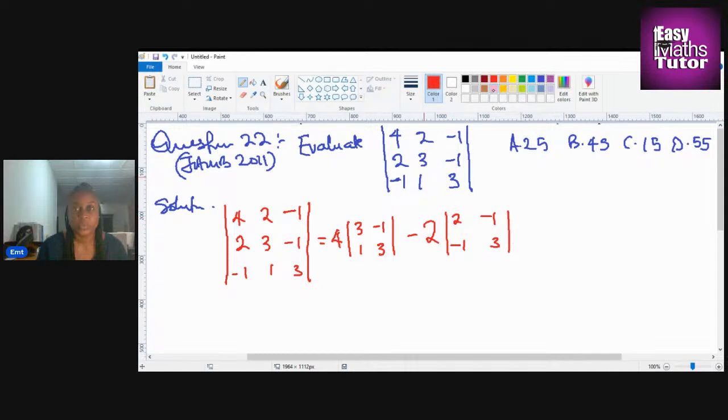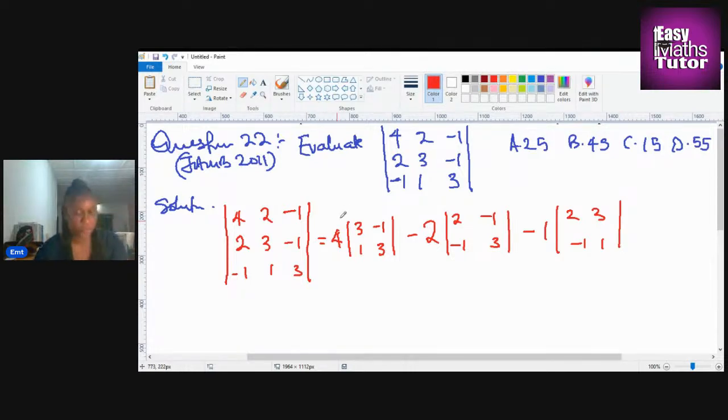That is, right? 2, 4, this and this. That's what we did. That's how we formed our 2 by 2 determinant. And then we'll add the next one. So already minus 1, add the next one. So we take 2, 3, and minus 1, 1.